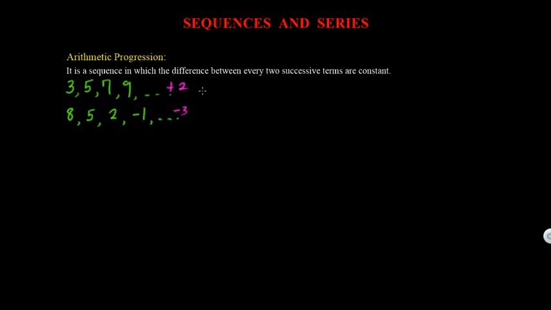So the value at which the sequence decreases or increases is what we call the common difference, and it is denoted with D. That's the common difference because that is what is common to them.